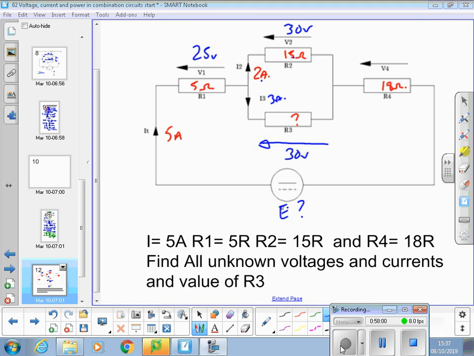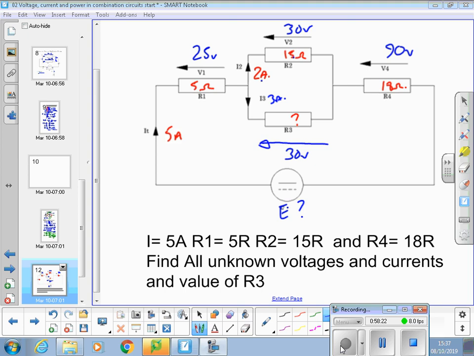And we can use the 5 amps and the 18 ohms to get 90 volts across there. Everyone agree? Yeah? And if that was an assignment question, I'd expect you to lay that all out how we've been doing it. But the numbers there are pretty easy.